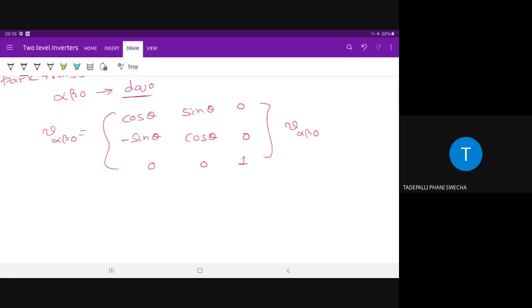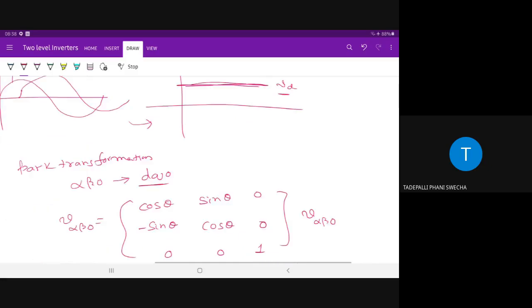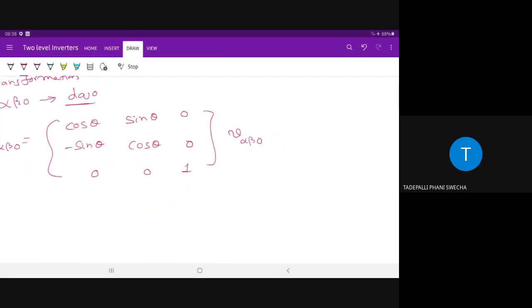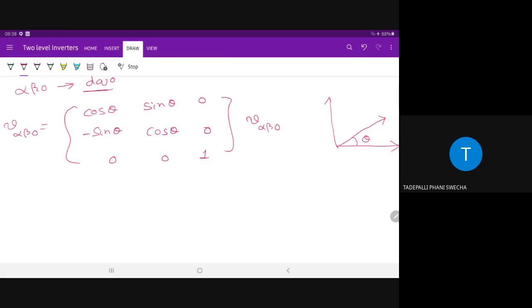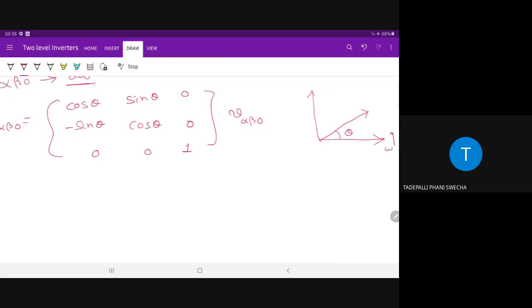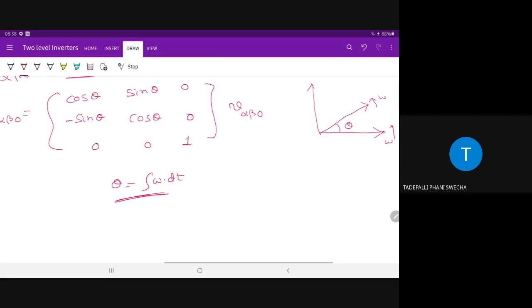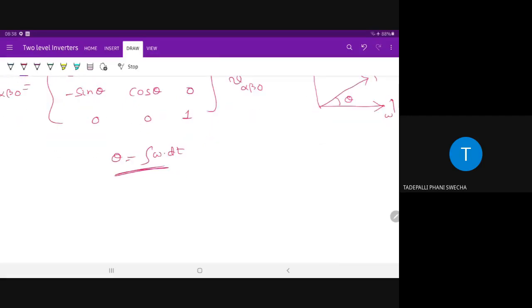So this theta is the angle between this resultant and the alpha axis. This is the resultant, so this angle is theta, right? And this one is rotating now at omega speed, so this is also rotating at omega speed. So we can find this theta is omega dt. Omega is the angular speed of that reference waveform, right?